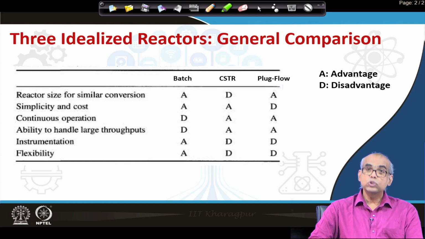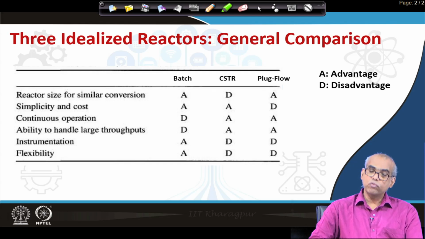Ability to handle large throughputs is possible with CSTR and plug flow, but it is a disadvantage with batch. Instrumentation is easy for batch, but not so for CSTR and plug flow.